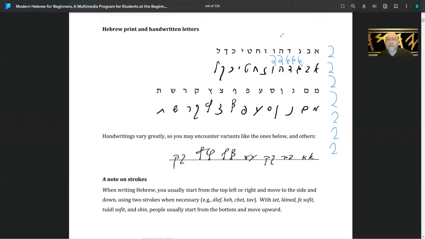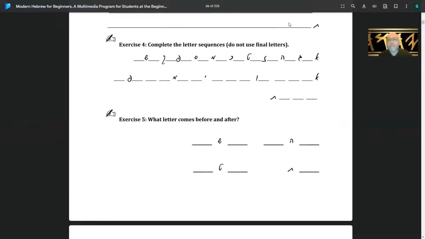Okay, so let's see if we can figure this out. Okay, so that's going that way. Okay, so Aleph, Bet, okay, we're not on this one.